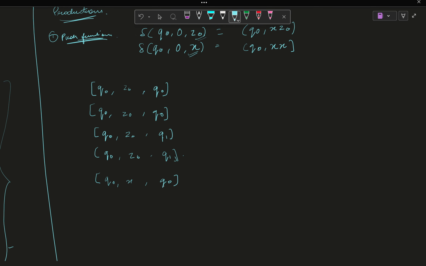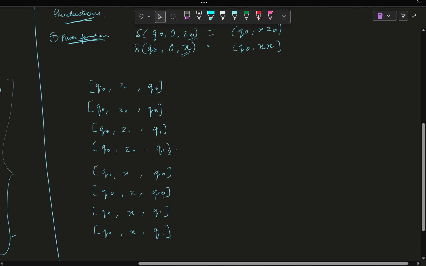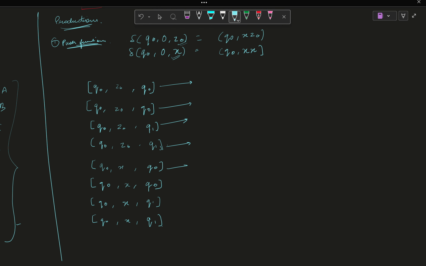Then X Q0 Q0, X Q0 Q0, X Q1 and Q0 X Q1. So these are our 8 production rules for our push symbols, and now let's start extending and defining them.